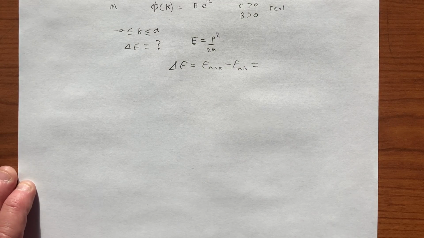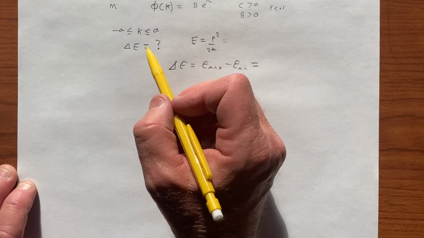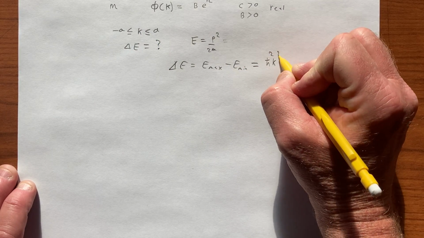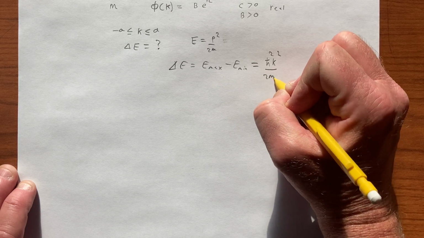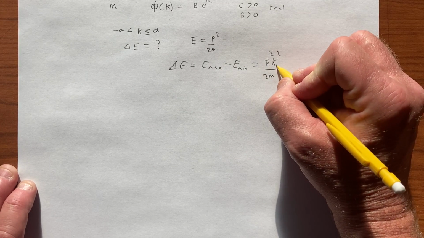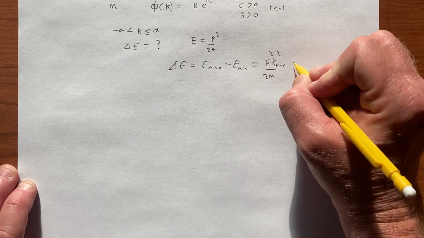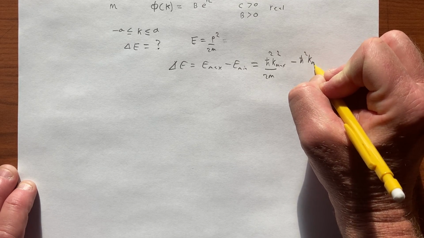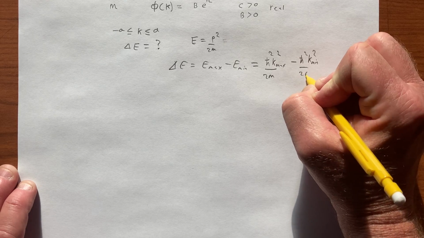So the highest value is the highest value of k, so we have h bar k, and we're going to square that. That's p squared over 2m. So let's call that h bar squared k max squared over 2m minus h bar squared k min squared over 2m.